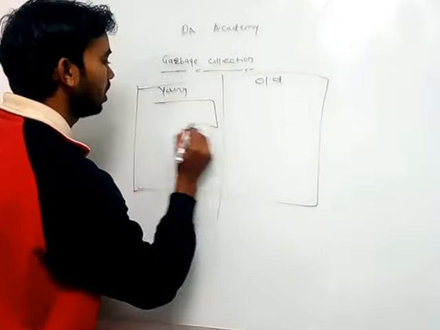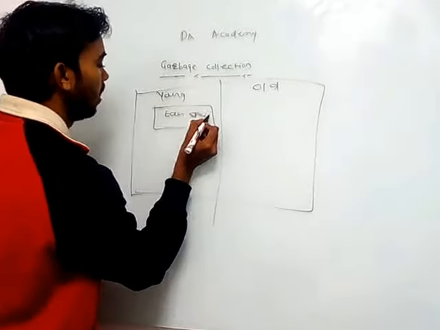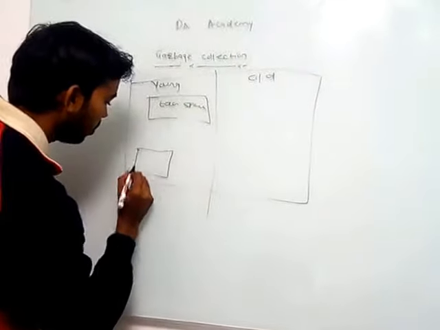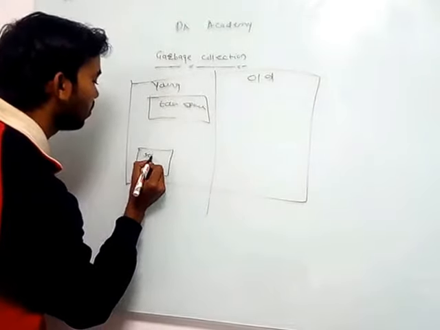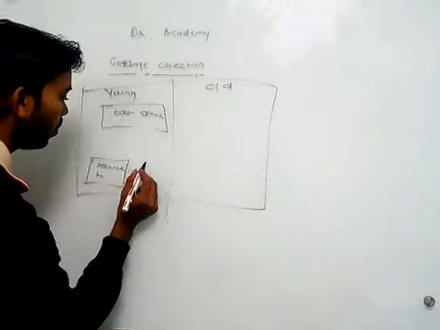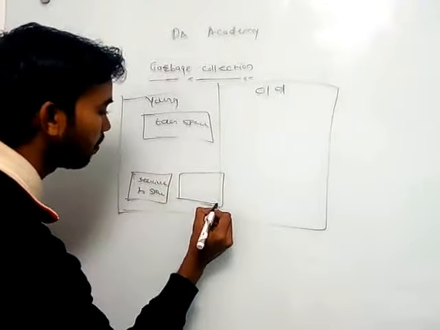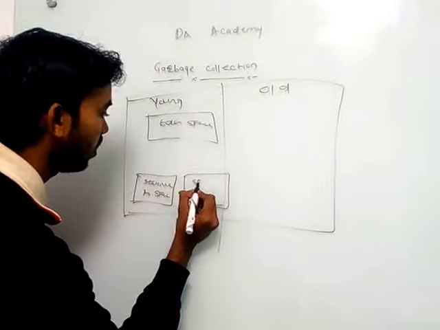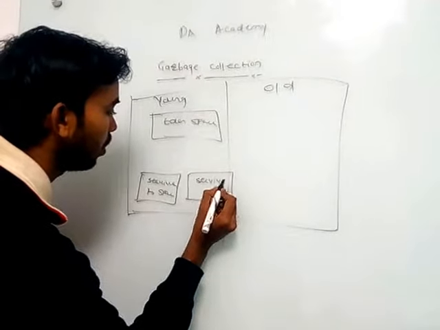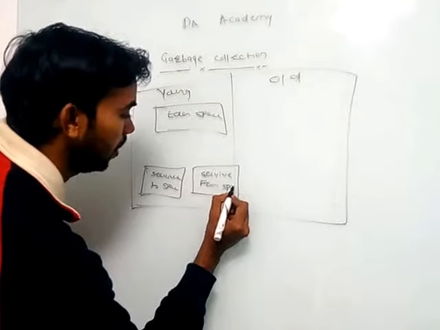The young generation contains Eden space and two more places, survivor 1 and survivor 2 space. Sorry, my handwriting is not that good.